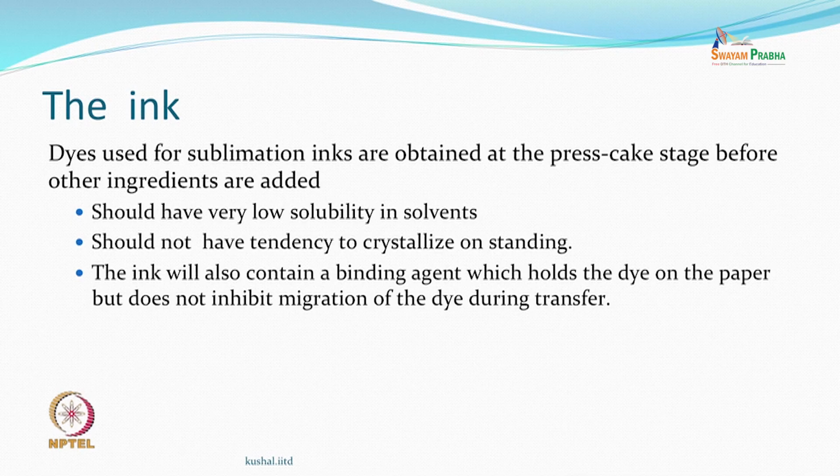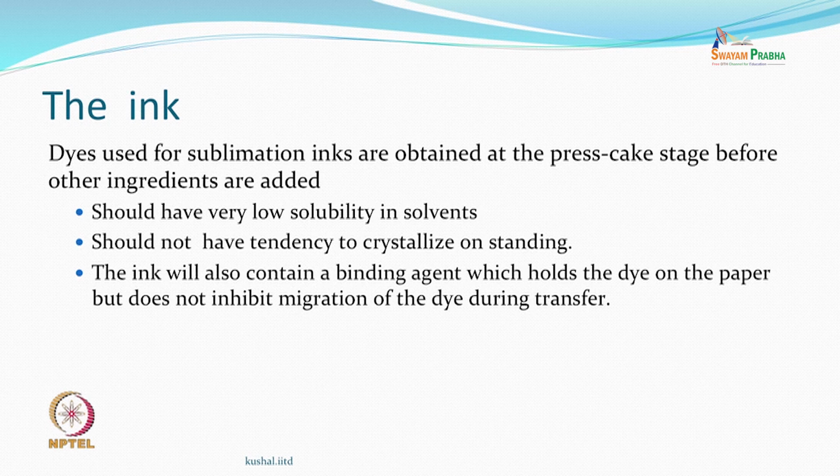This binding agent you can consider like a binder which you use for pigment printing, but obviously this dye is maybe in particulate form in some cases, and being held onto the paper by this film, right? So it is expected that this film is not going to inhibit migration too much.